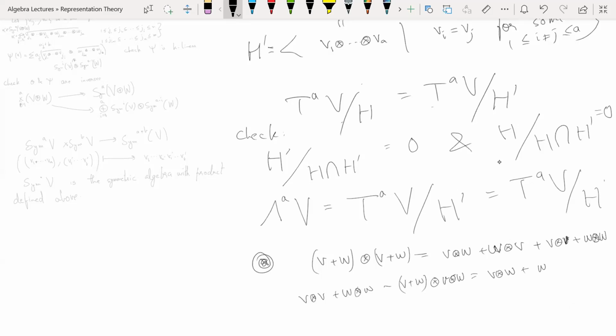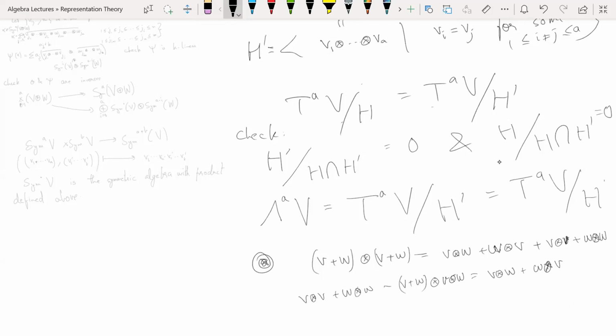Which is the same as negative of, no, I can't write it as that, but it is plus sign of whatever is the permutation. So what is w tensor v?